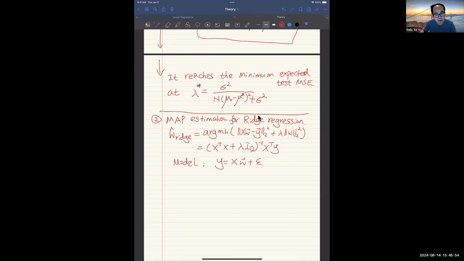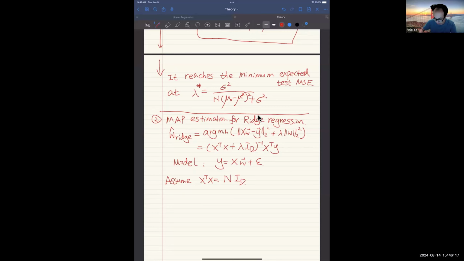Here we make a simple assumption that X transpose X is actually an identity matrix. This is not very reasonable, but we are trying to illustrate the whole idea.